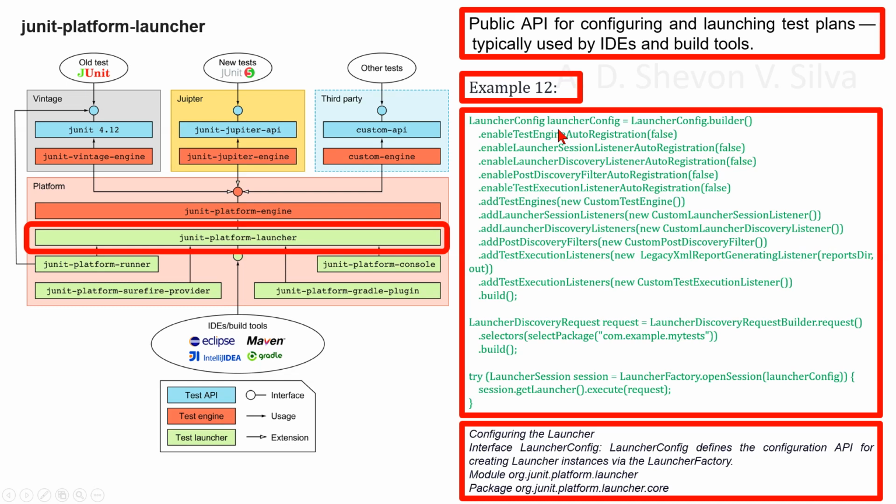If you require fine-grained control or automatic detection and registration of test engines and listeners, you may create an instance of LauncherConfig and supply that to the LauncherFactory. Typically, an instance of LauncherConfig is created via the built-in fluent builder API as demonstrated in this example here.